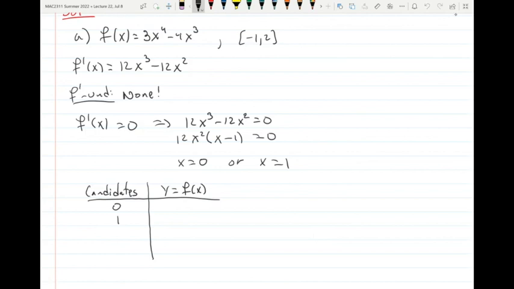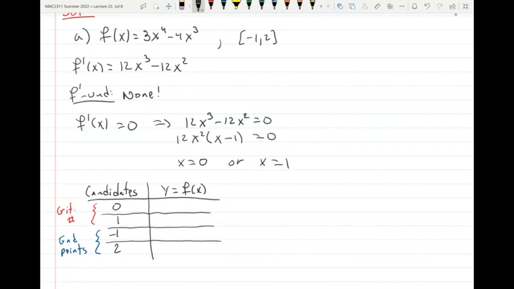Those are the critical numbers, and then we have negative 1 and 2. So the top candidates come from critical numbers. The bottom candidates are the endpoints, which always have to be there. Now it's just a matter of plugging in and determining which one is the maximum and which is the minimum. That's it.